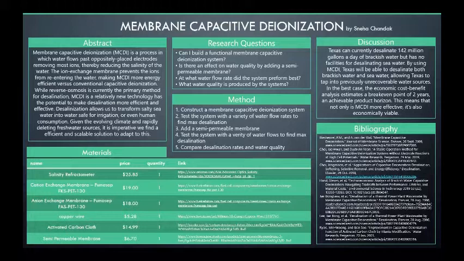The membrane is placed between the water and the electrode. It's similar to the membranes used in the reverse osmosis process, but it allows ions to go to the electrode, just not back out.